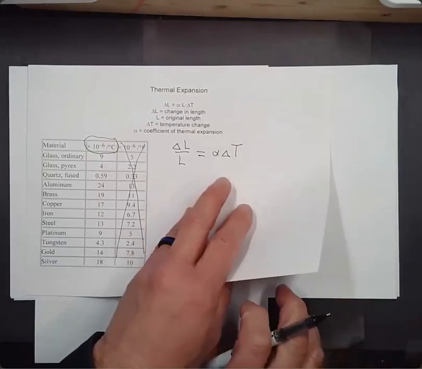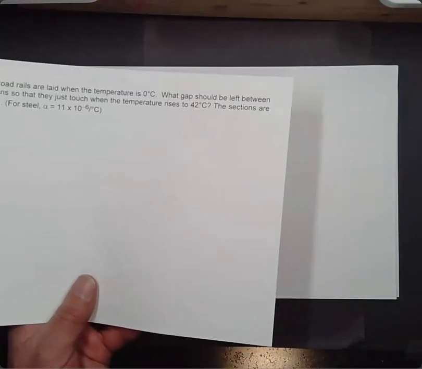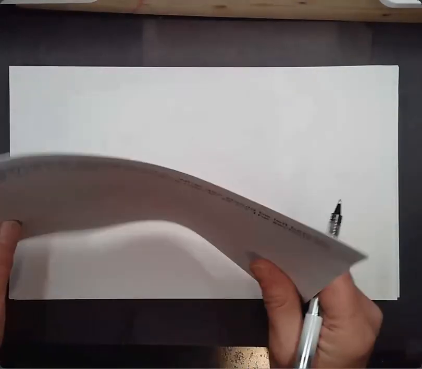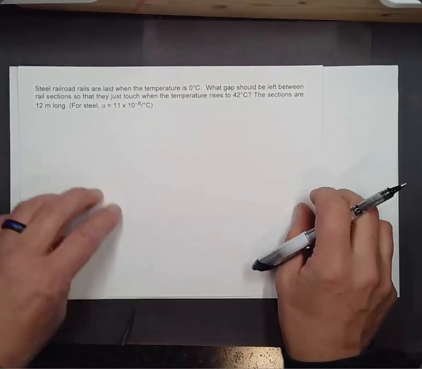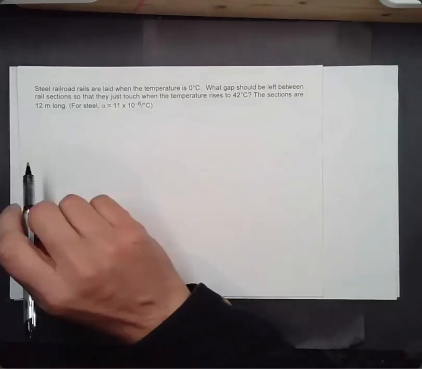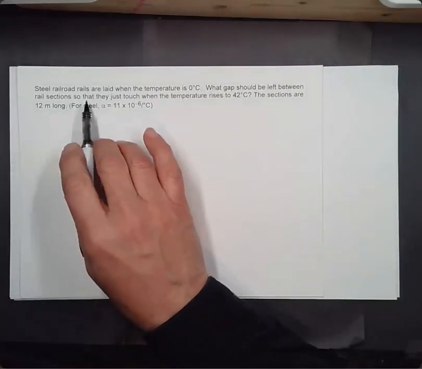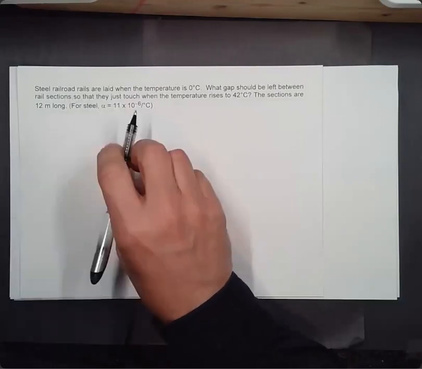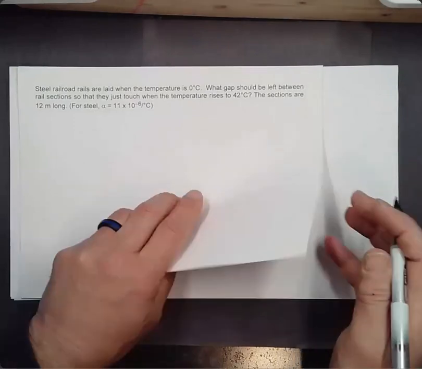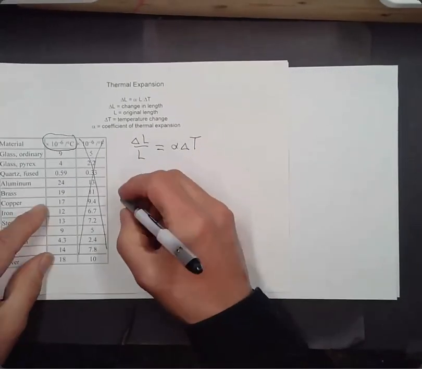So let's try a few examples. And these can be relatively simple problems, but they can also get complicated. It used to be when they did railroad rails and laid them out, they would leave a gap between the rails.